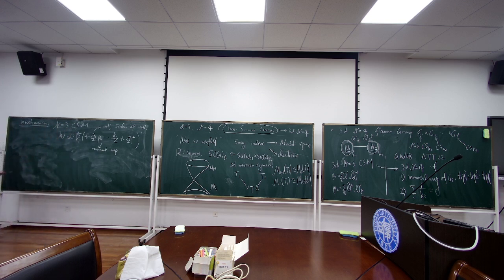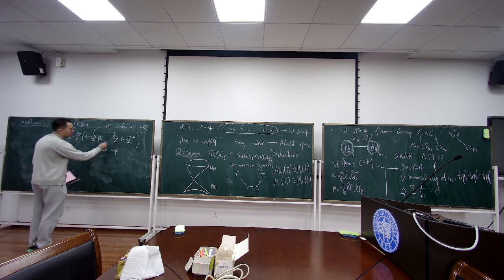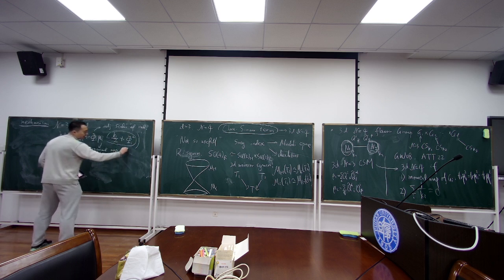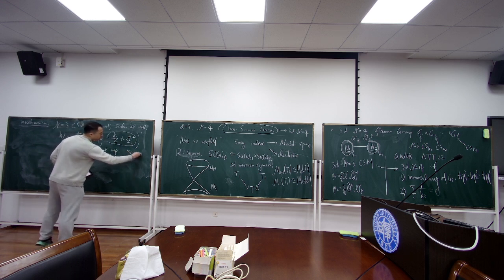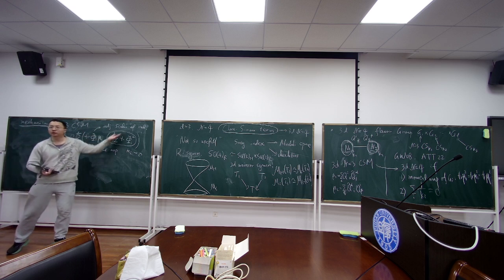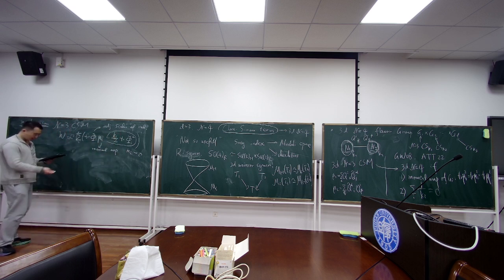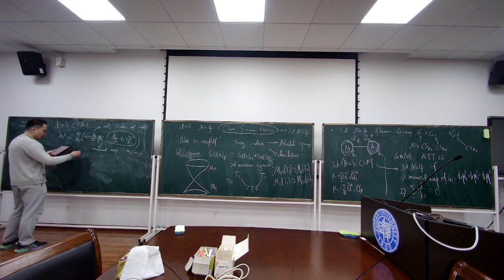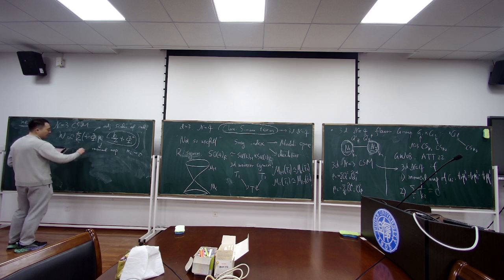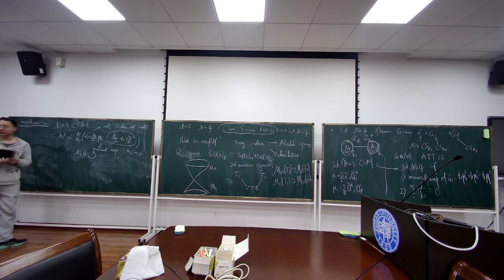So we see that when k_i equals 0, so we don't have the last term coming from the Chern-Simons term, then actually there is a U1 action acting on this, under which the superpotential is invariant.